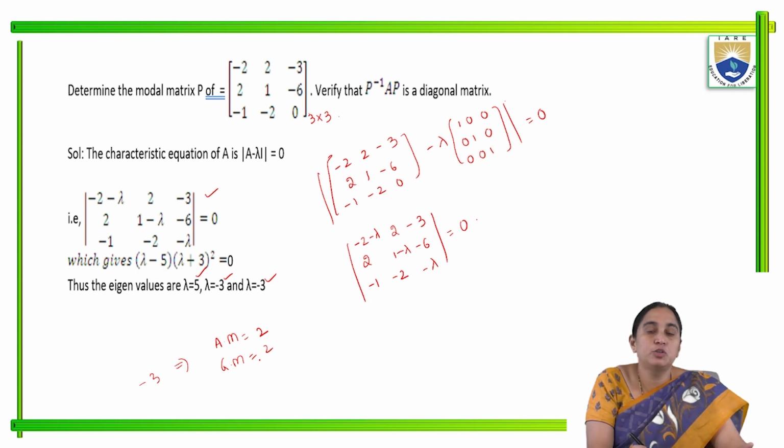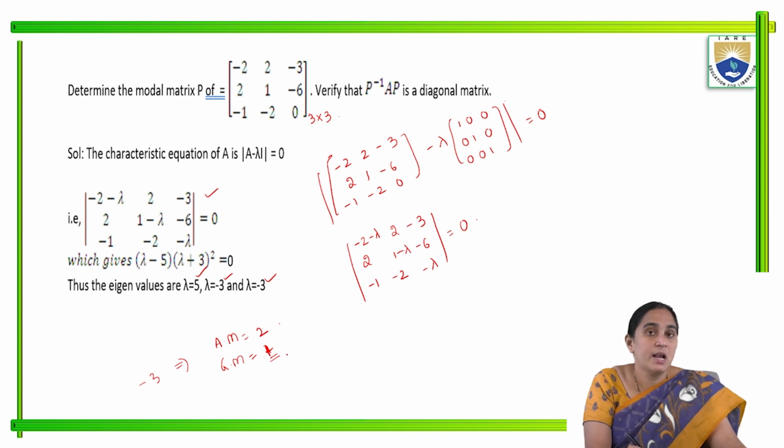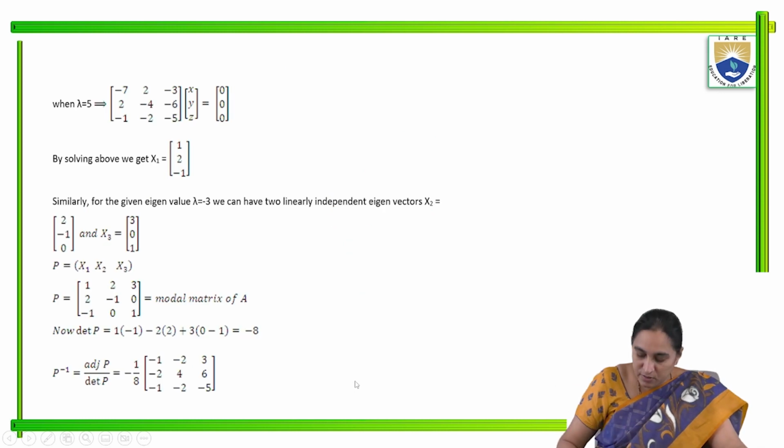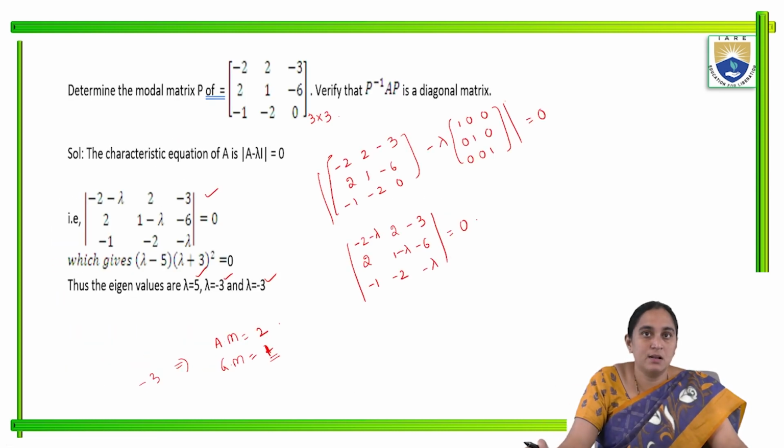If you get two eigenvectors, the geometric multiplicity is 2. Sometimes for similar eigenvalues, we get only one eigenvector. For that case, the geometric multiplicity is 1. If it is 1, then algebraic multiplicity and geometric multiplicity are not equal. Therefore, the given matrix is not diagonalizable.